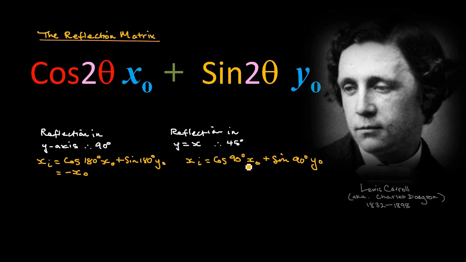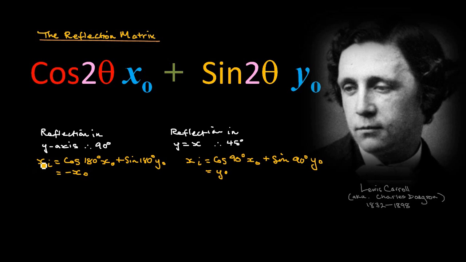Now, this is going to cancel out because the cosine of 90 degrees is 0, so we don't have the x coordinate of the object. The x coordinate of the image is simply sine of 90 degrees times the y coordinate of the object. Well, sine of 90 degrees is 1, so we just write down the y coordinate of the object.